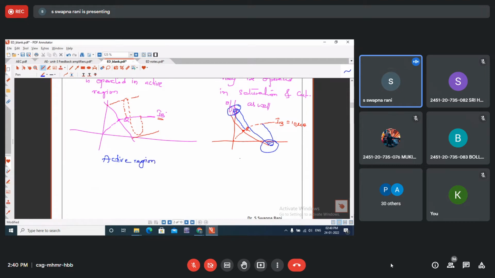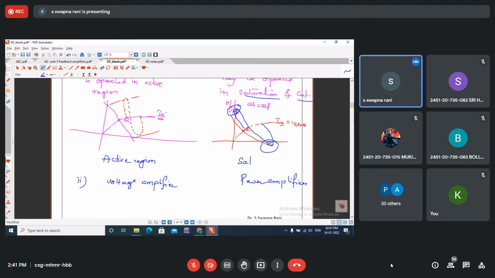It may enter into saturation and cutoff as well. And the second is that, as examples of small signal amplifiers, all the voltage amplifiers come under small signal amplifiers, and power amplifiers are examples of large signal amplifiers.